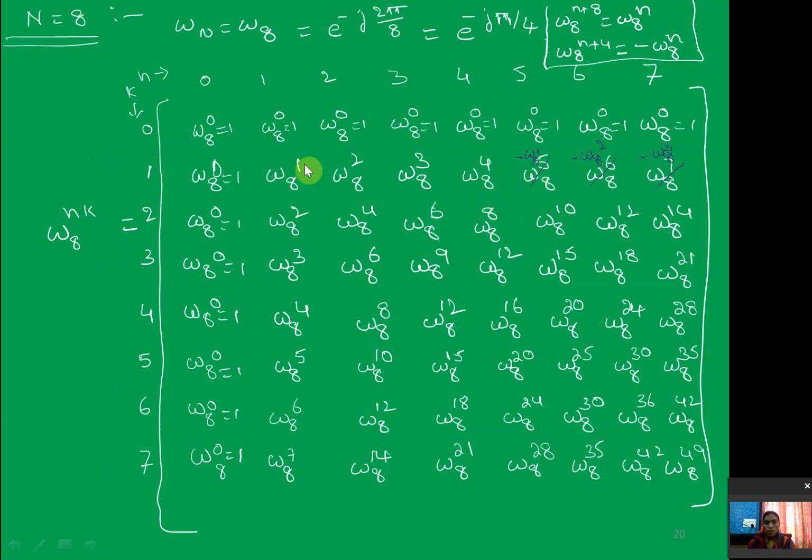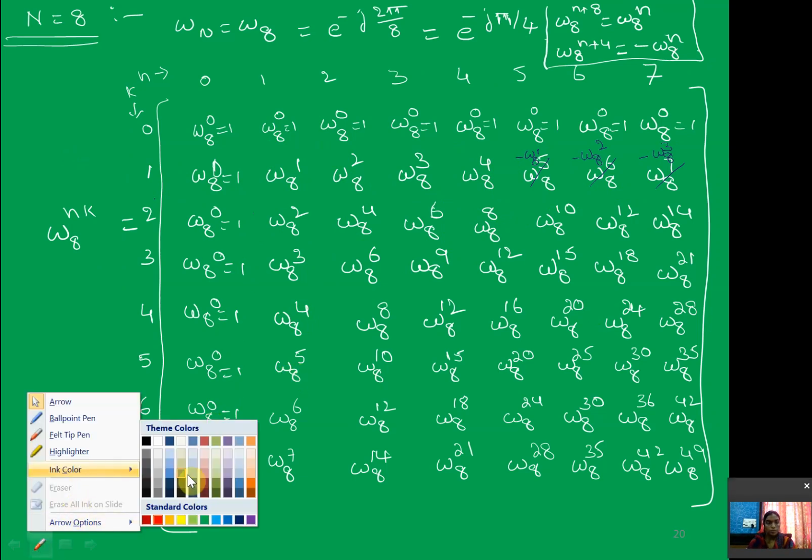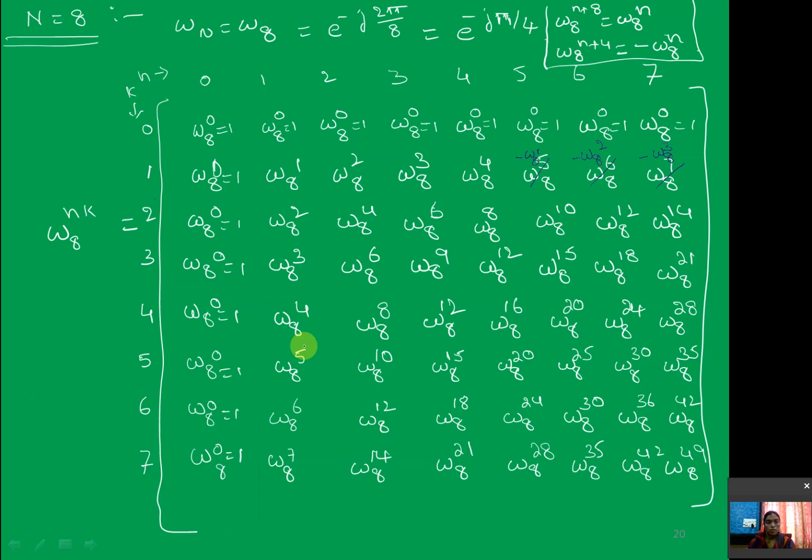If you finish the first row, then immediately finish the column. So here these three also: minus W8 power 1, minus W8 power 2, minus W8 power 3.